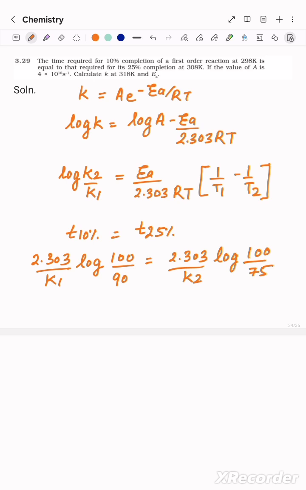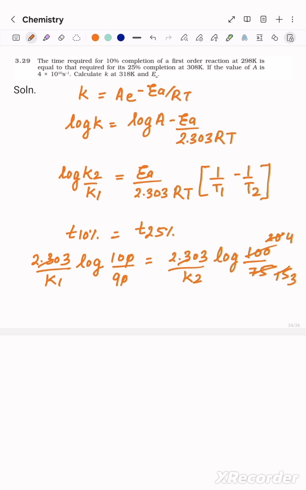So here 2.303 cancels by 2.303, and here 10 by 9 is remaining, and here 4 by 3 is remaining.